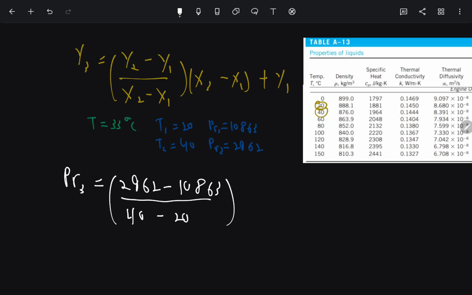Then we multiply that with the distance along the X. So this is T3: 33 minus X1, that's T1, 20. Then we add that to our initial Y, which was our Prandtl number 1, 10863.